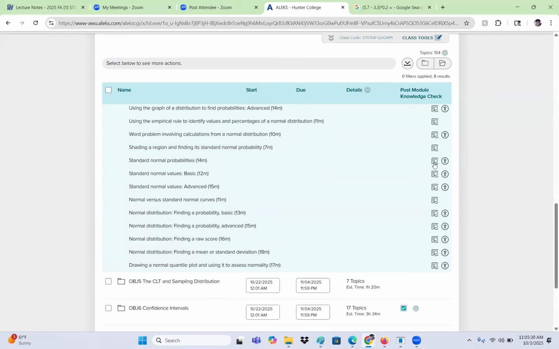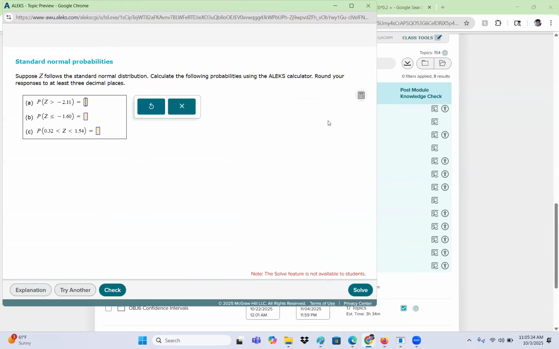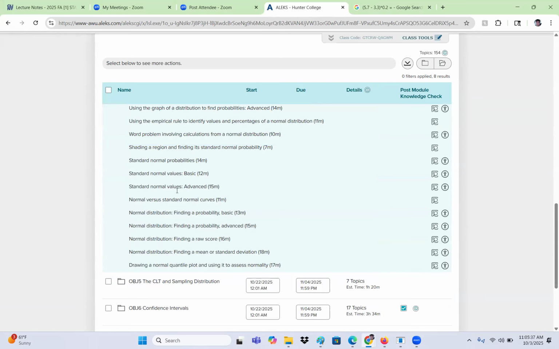But we still have 9 topics left. I would say 1, 2, 3, 4, 5, 6, 7, 8 of them. So we would try to get it done by next Tuesday, and then I would let you focus on the topics that we have on the second exam.